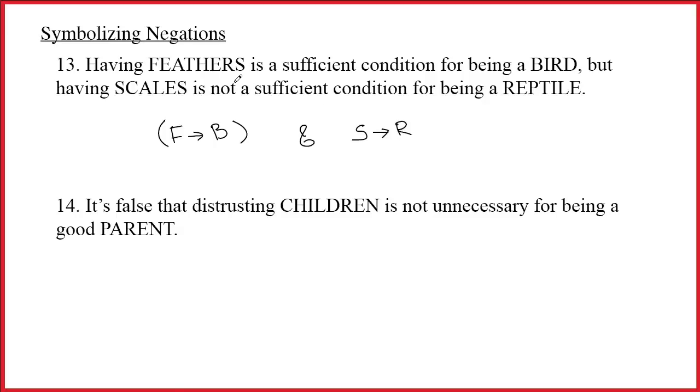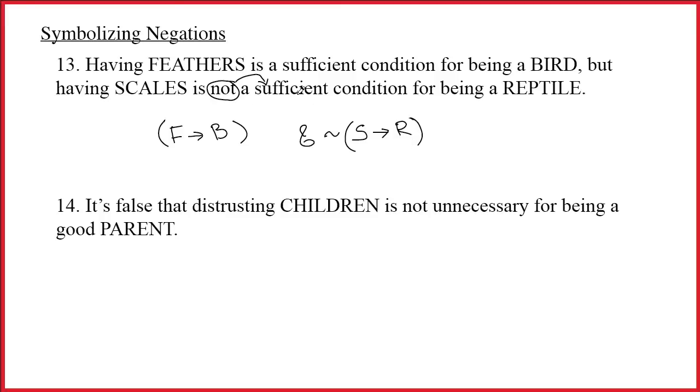Now, what is the word not negating? Notice it's in front of the sufficient condition itself. And so what it's negating is the entire relationship. And so it turns out the only way to symbolize this correctly is to put the tilde outside the parentheses. Scales are not sufficient for being a reptile is the same thing as saying it's false that scales are sufficient for being a reptile.